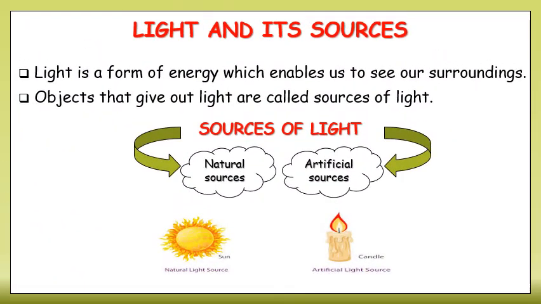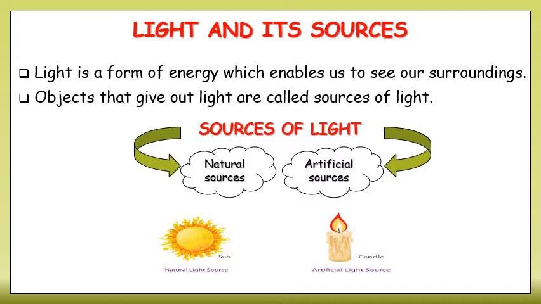Now, what is light? Students, light is a form of energy which enables us to see our surroundings in the most effective way. Although light itself is invisible, it makes things visible to us.